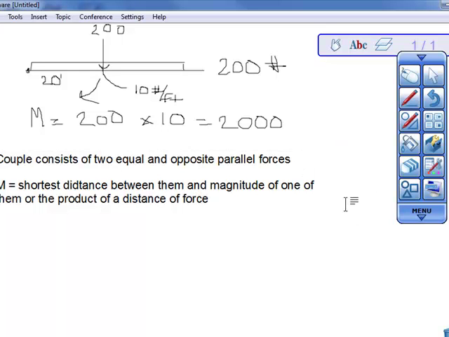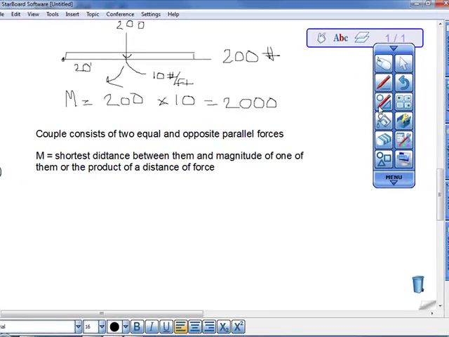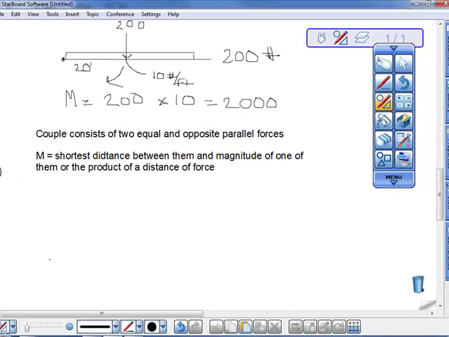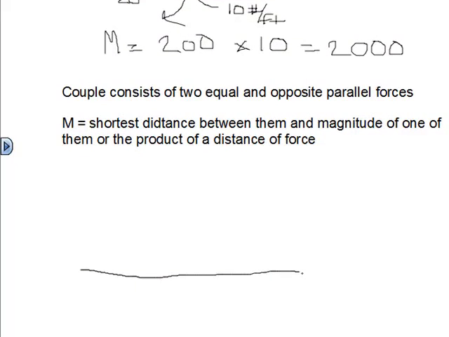So in the example, we have another straight line. We have point A over here at the end. We have a force P coming down. We have a force P on this side going up.